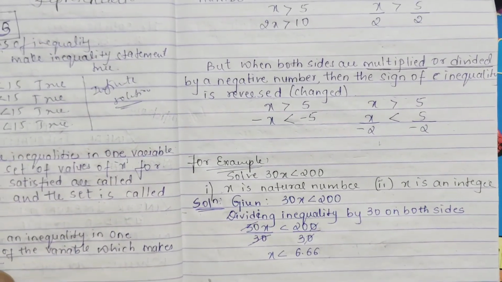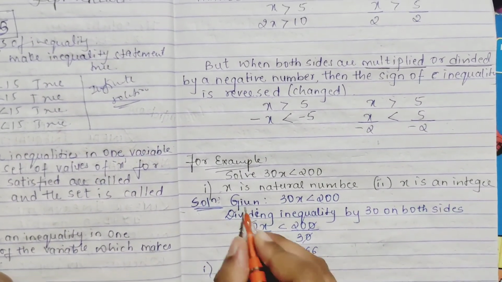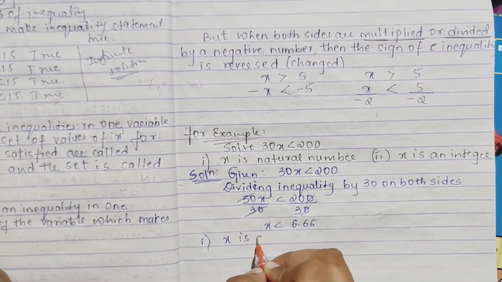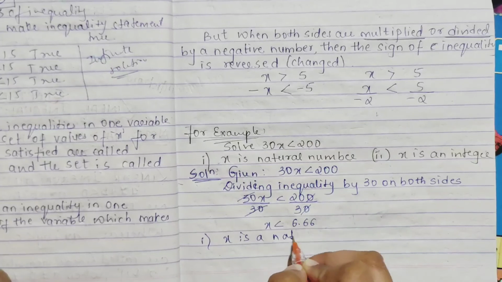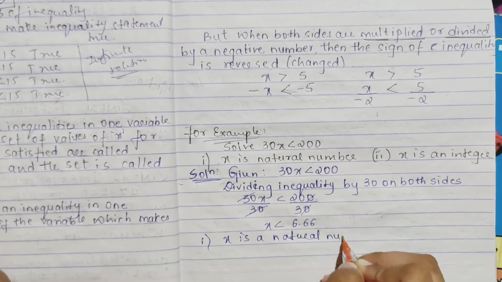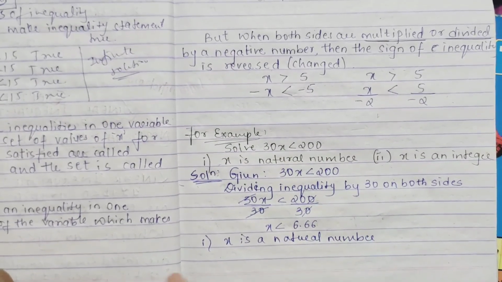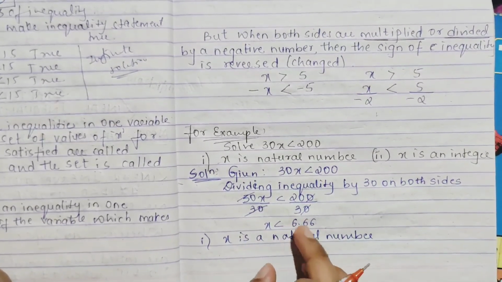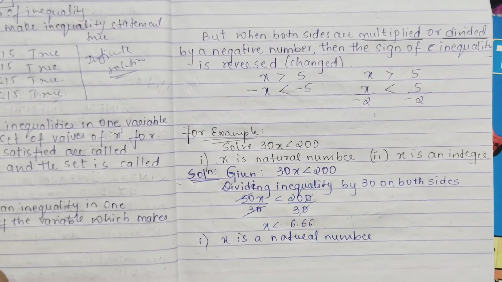6.66 you'll get. Now in this first, what they are asking, x is a natural number. Natural numbers are obviously 1 to 3. So which numbers satisfy this statement to be true? The numbers which are less than 6.666.